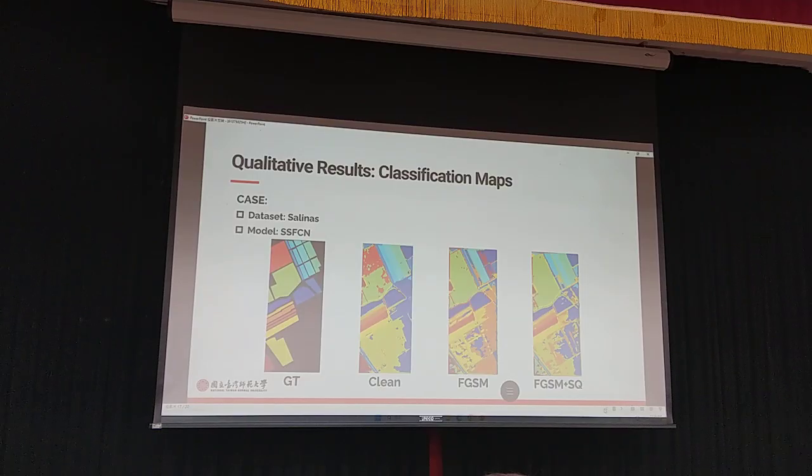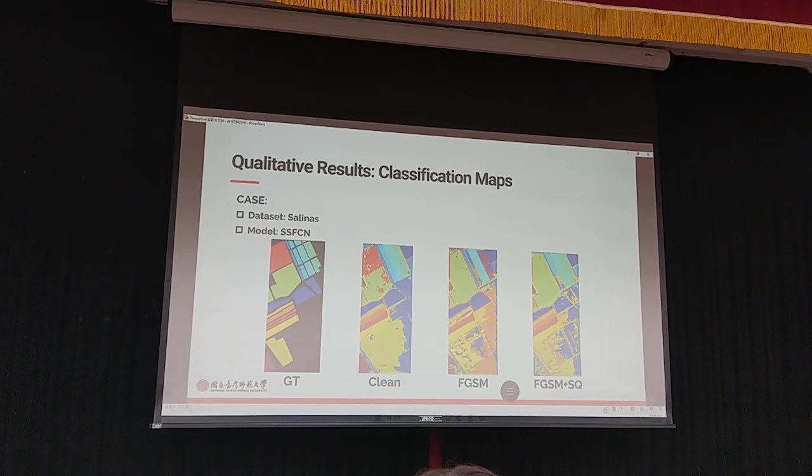To further inspect the results, I compare the classification maps. This example uses Salinas with SSFCN. The four maps are ground truth, clean, FGSM, and FGSM plus SQ.